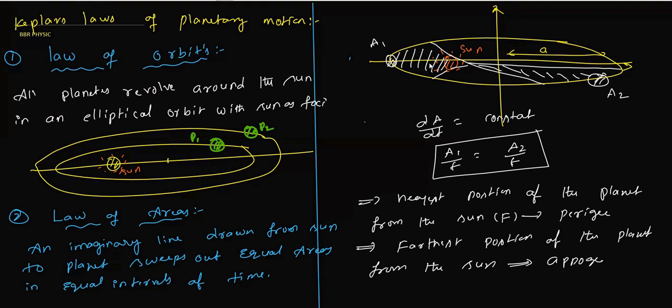So this position is called perigee, and this position is called apogee. It will have more speed here and less speed there, to cover more area in less time.